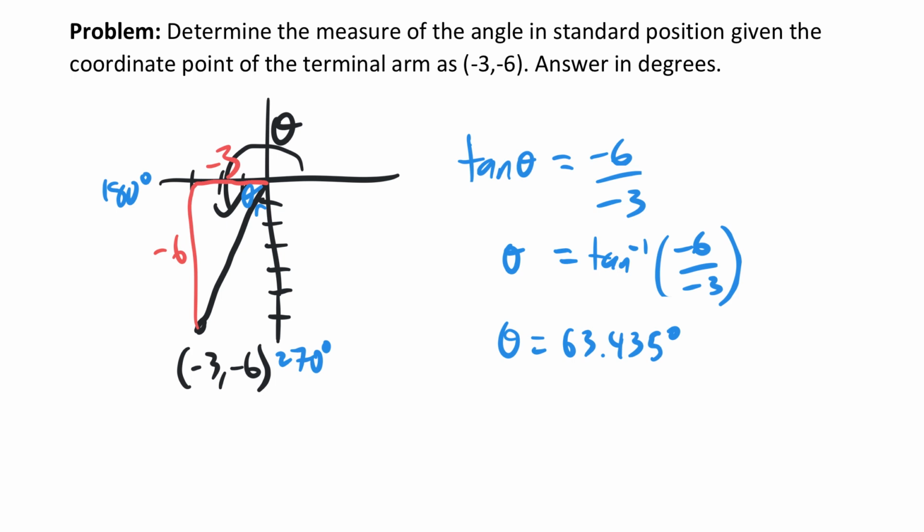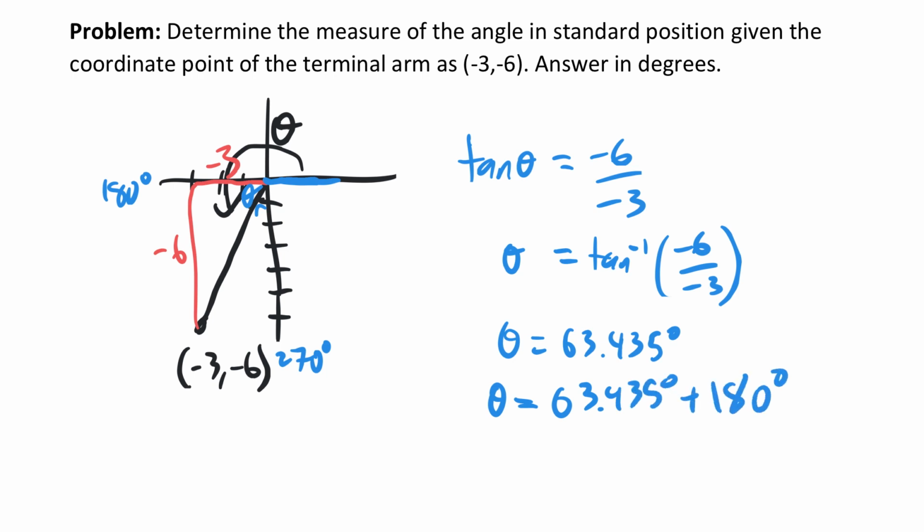What we found when we did our tan inverse was we actually found just the reference angle, that small angle in the little triangle. To find the whole angle, the angle from the origin over here all the way around, we have to actually add 180. So theta is going to be equal to 63.435 degrees plus 180.